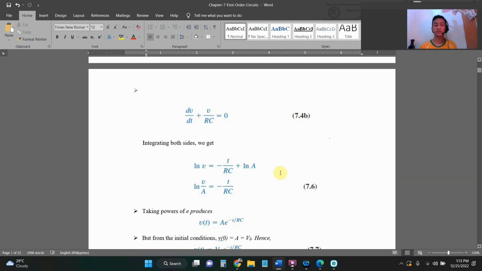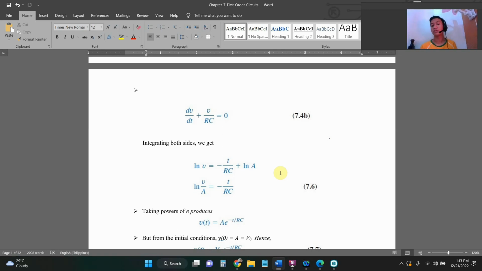Integrating both sides, we get ln v equals negative t over RC plus ln A. Simplifying, we get ln of v over A equals negative t over RC.